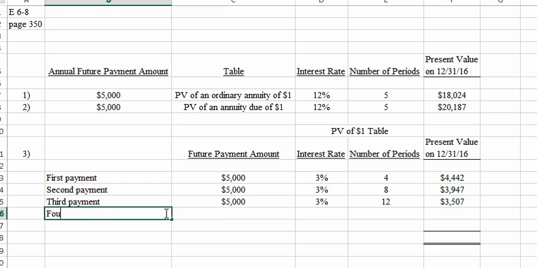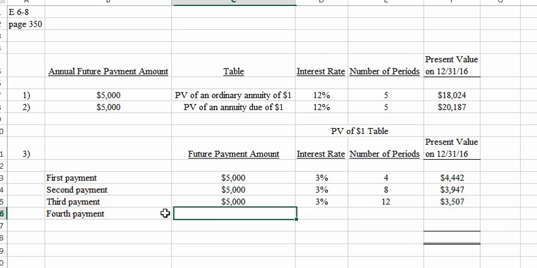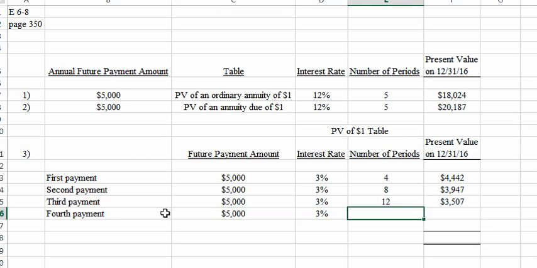The fourth payment would be received on December 31, 2020. No relation to the television show. Alright, if we're dealing with 4 years from now, 4 quarters per year, so that's 16 quarters. So we go to our table, 3% column, come down to 16.